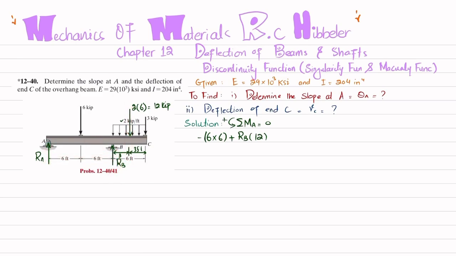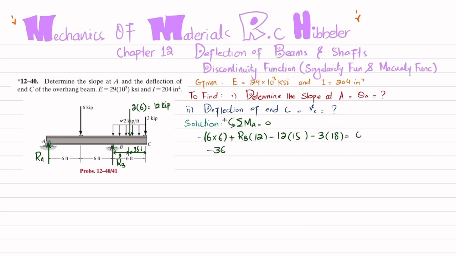So I will write minus 12 into 15, and the last moment is due to this load, which is 3 kips into perpendicular distance 18, and this is also producing clockwise, so it will be negative. So I will write minus 3 into 18 is equal to 0.